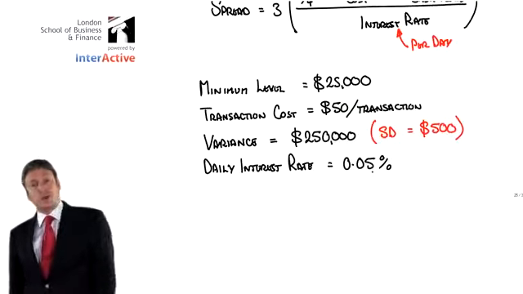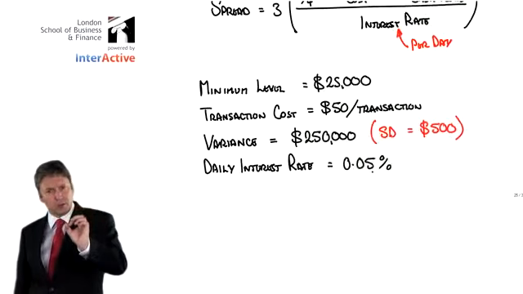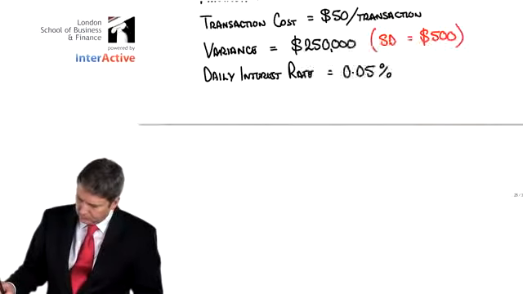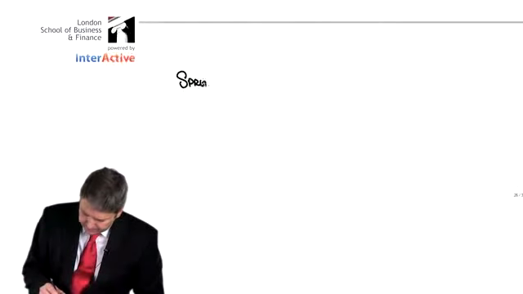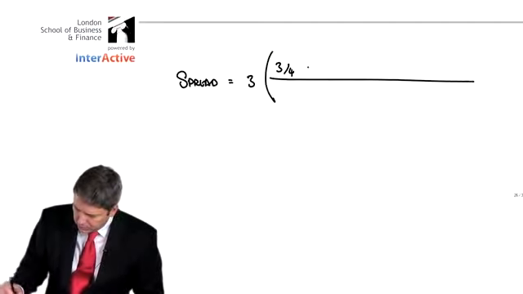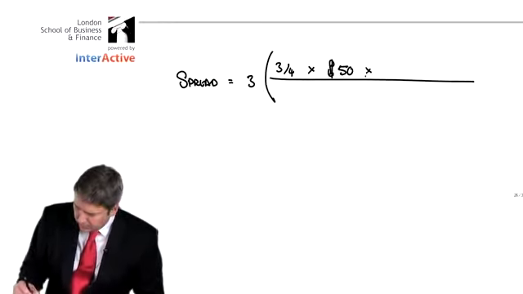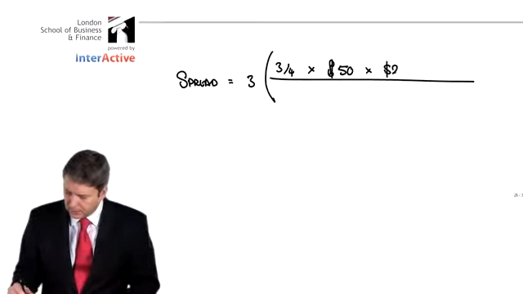So, okay, this is not going to be rocket science. We can do this, but too many people get this wrong. So let's just take it nice and slowly. If we're looking at our spread, we know we're going to take 3 multiplied by 3/4 multiplied by $50 multiplied by the variance, $250,000.